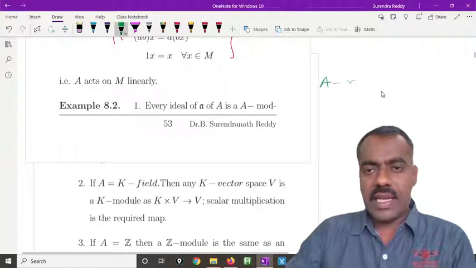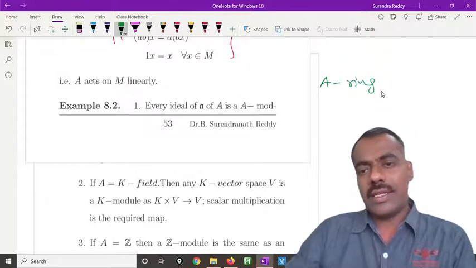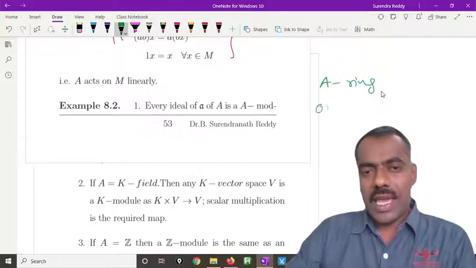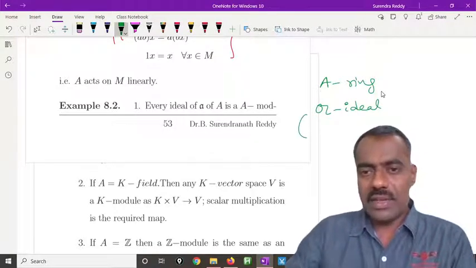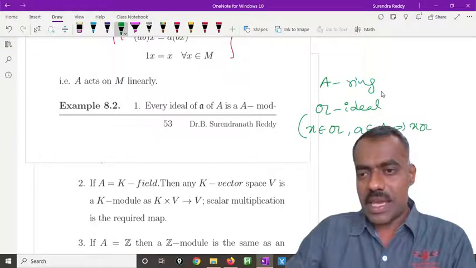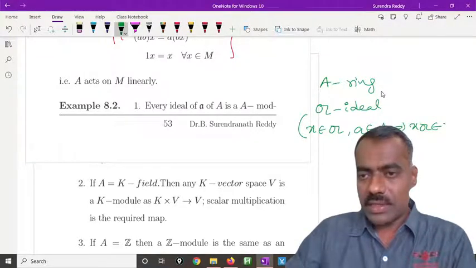If you take A a ring, then we already know about ideals. By the definition of an ideal itself, if you have some x in an ideal and a in the ring A, then x times a is again in that ideal.